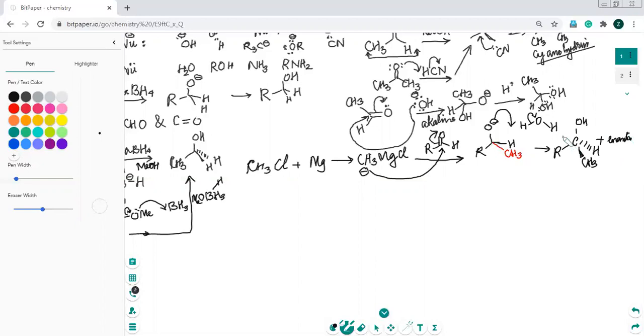So this is the reaction by addition of Grignard reagent.